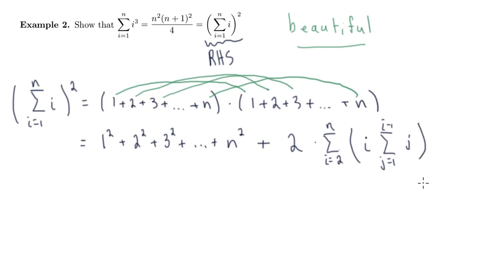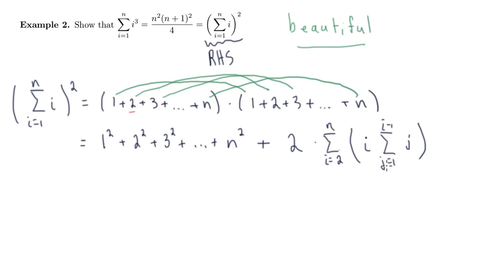Okay, so what in the world is going on here? Well, all I'm saying is if I fix, let's say, i equals 2. Okay, so I start with i equals 2. What am I going to do? Well, I'm going to multiply 2 by everything less than 2. So in this case, just 1.